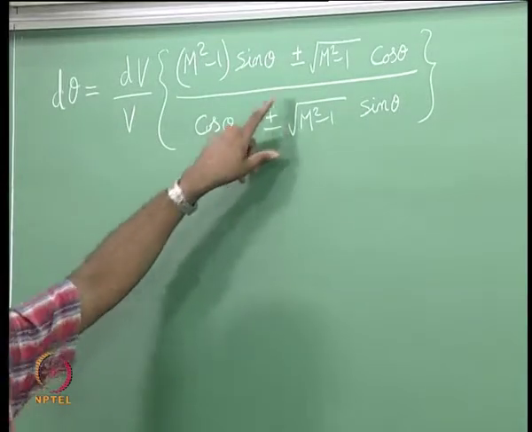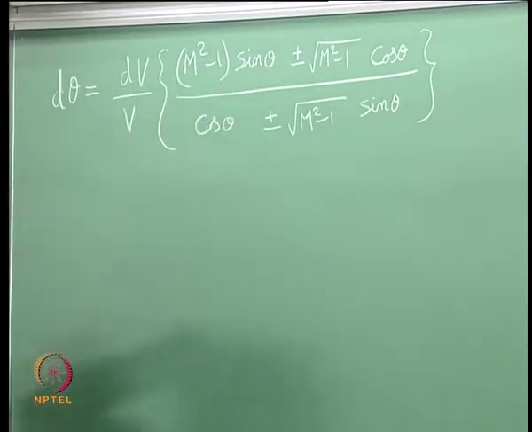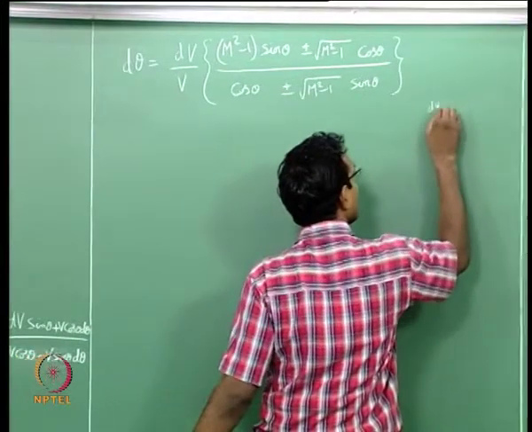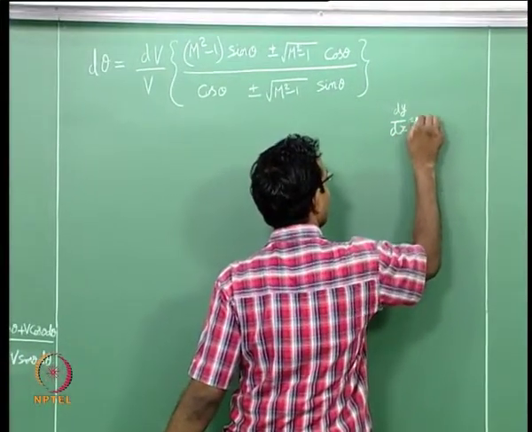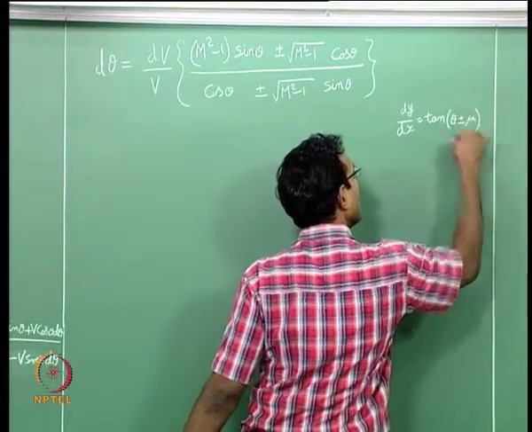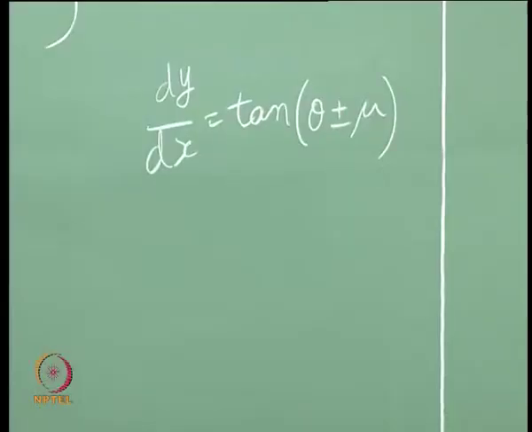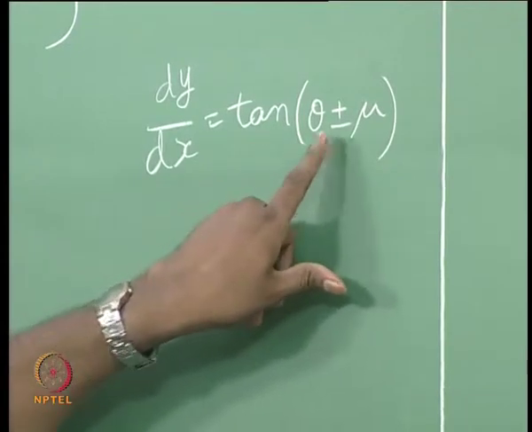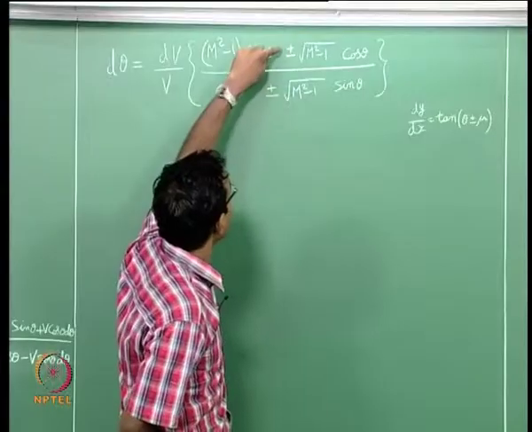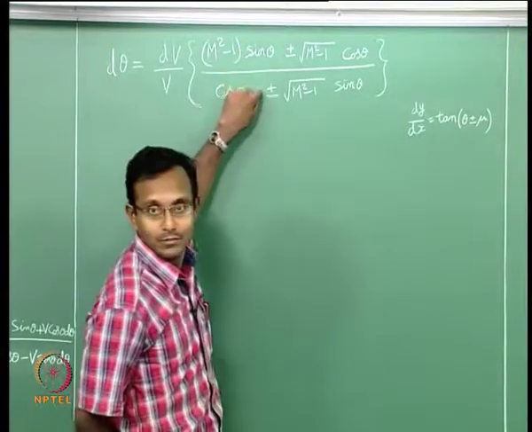Now this actually means that when I have one particular solution dy by dx, there were two solutions. We said that one solution was, actually I will write both the solutions together. We had these two solutions. If it is theta plus mu, dy by dx is equal to theta plus mu, then I have to use the plus here and the plus here.